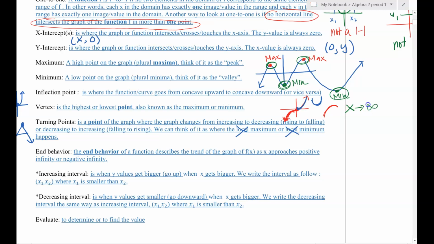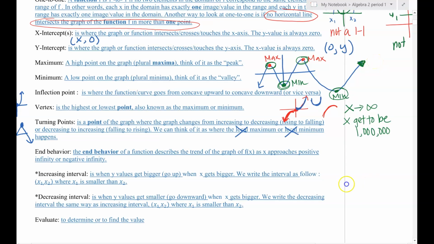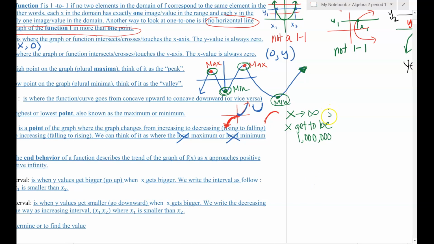As you can see, when x gets really, really big, so think about it as x gets to be 1 million, which obviously, according to my graph, I can't really sketch out that far, but because of this arrow right here, class, as x goes to the right, y goes up. In mathematics, we write y also approaches infinity.